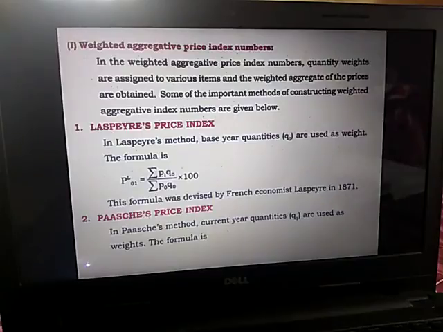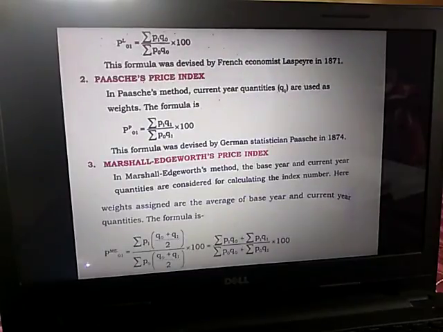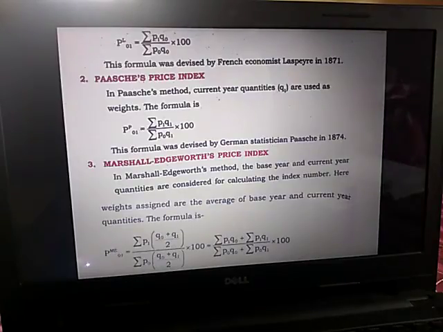So the formula is P superscript P 01 equals summation P1 Q1 divided by summation P0 Q1 into 100, with the current year quantity Q1. This formula was devised by German statistician Paasche in 1874.